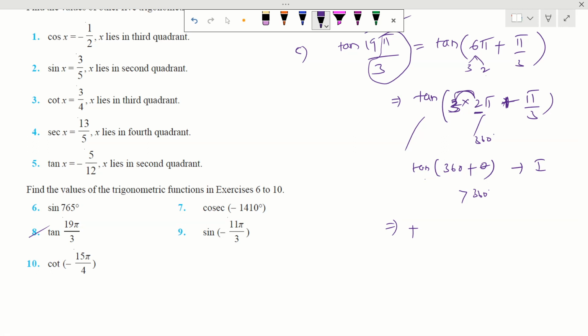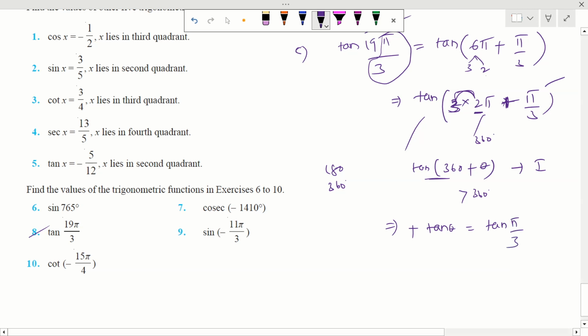Tan stays tan only in the case of 180 and 360 degrees, so this is tan theta, where theta is pi by 3. Therefore it is tan pi by 3. Pi is 180 degrees, 180 divided by 3 is 60, so tan 60.